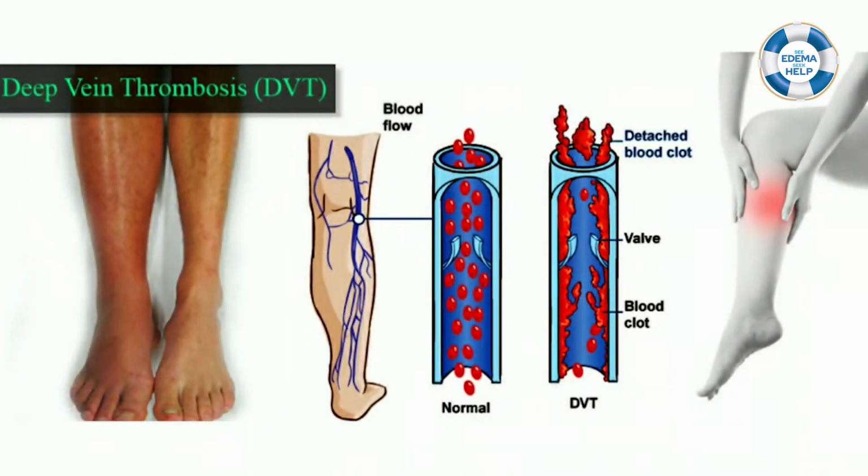skin to the bone. The next common cause of edema, usually unilateral, is deep vein thrombosis, or a clot in the blood vessels of the lower limbs. This can also be because of a prolonged journey.